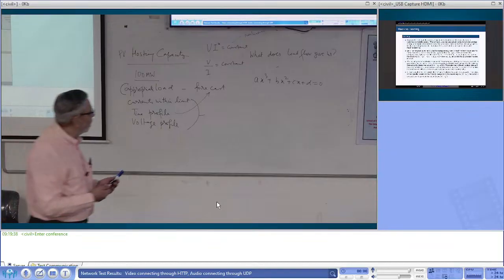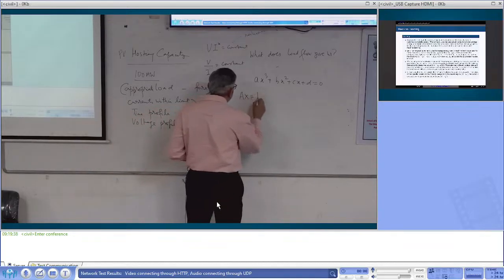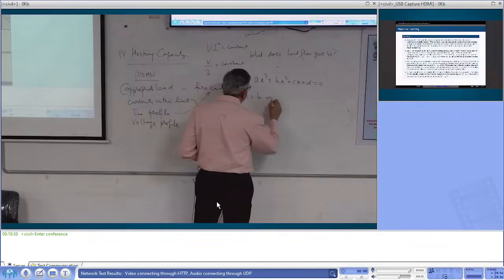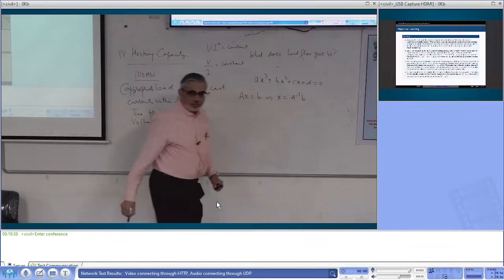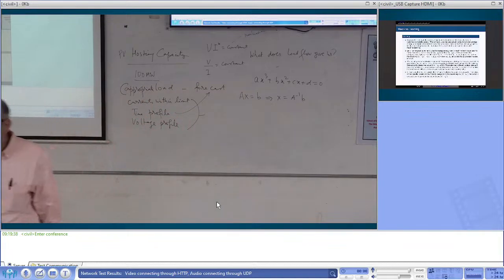If you have a linear problem, you can always put it in this way, and the answer comes out immediately. All you need to know is how to invert a matrix. Compare that to how I go about solving a cubic equation.